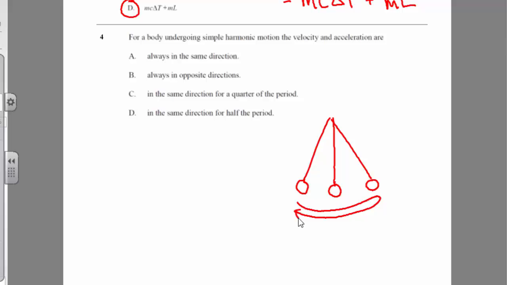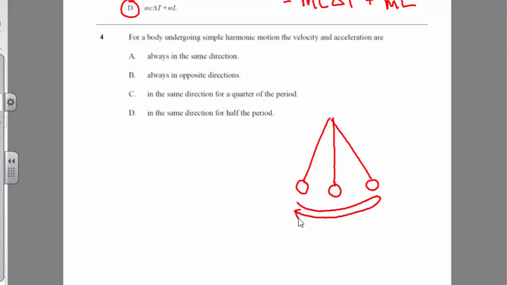As it swings on towards the far right position, its acceleration is in the opposite direction to its velocity. And then as it swings back towards the middle, it's going to have its velocity in the same direction. And then as it swings up towards the end, it's going to be in the opposite direction.